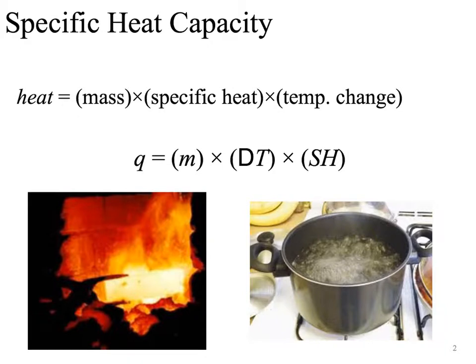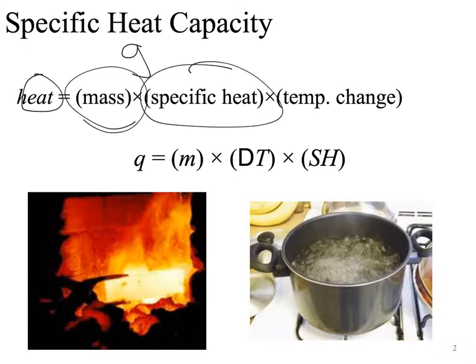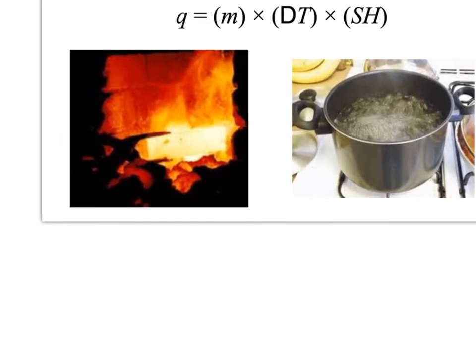We are going to calculate heat with the following formula. Heat is equal to mass, and the units of mass are going to be in grams, times the specific heat, in joules over grams per Celsius or calories over grams per Celsius, times the temperature change. What is the temperature change?